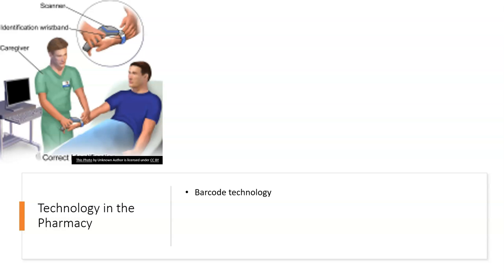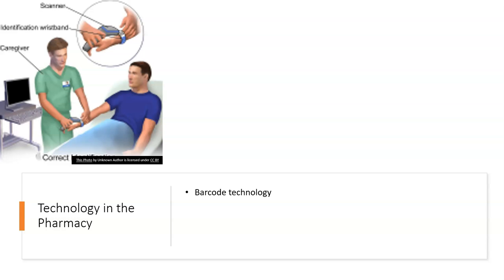Now, the next section talks about technology in pharmacy. I think of this not only in pharmacy, but healthcare in general. So the first one is barcode technology, and we use it in the pharmacy when we're scanning medications to make sure that the right thing is going into the patient profile.